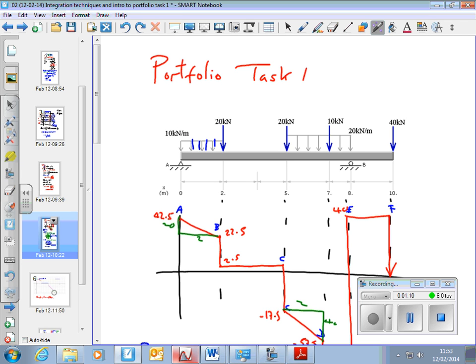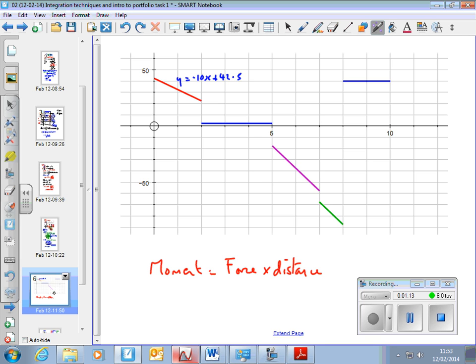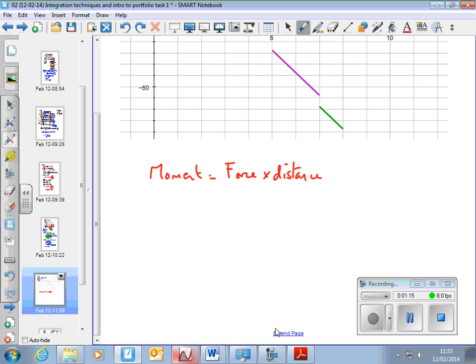So what we do is we say that the actual small change in moment, delta M, is the force, the stress rather, times delta R, where R is the distance.